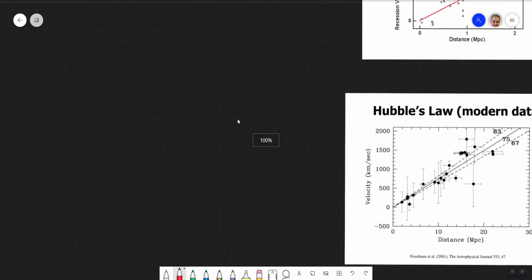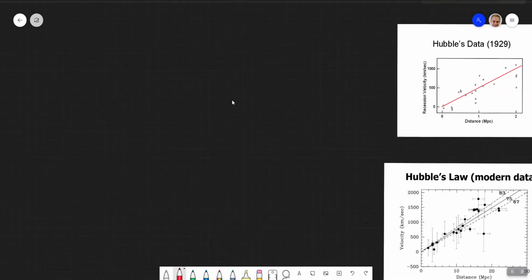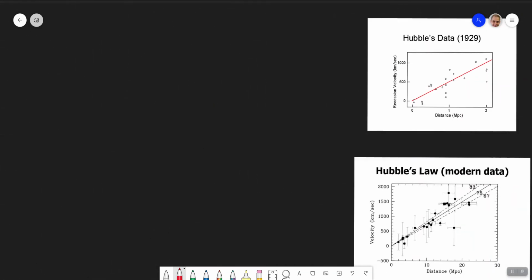So when we look at distant galaxies, and looking at a galaxy is no different to looking at a star, because they're just galaxies that are made of stars, and so they've all got hydrogen in them, we find they are all redshifted.